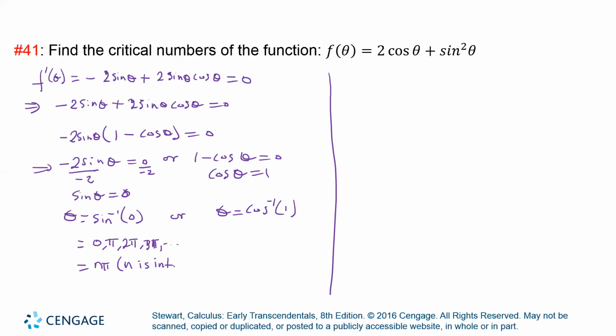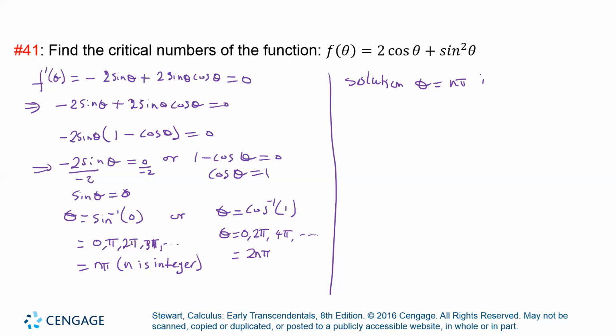Now over here too, if cosine theta is equal to 1, theta is 0, and then even 2 pi, so go around 360 again, 4 pi, and so on, which we can generalize as 2n pi. So the solution to the equation is theta equals n pi.